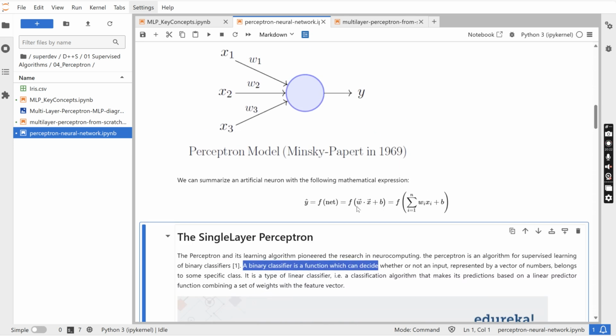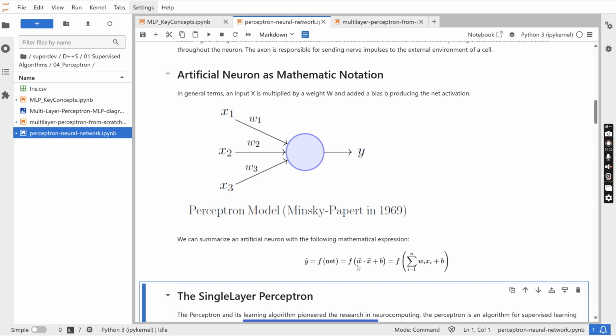Going back to this equation, if you pay attention, first you have to multiply w with x. You're doing matrix multiplication here, the dot product, np.dot of w comma x. Then you have to add something.